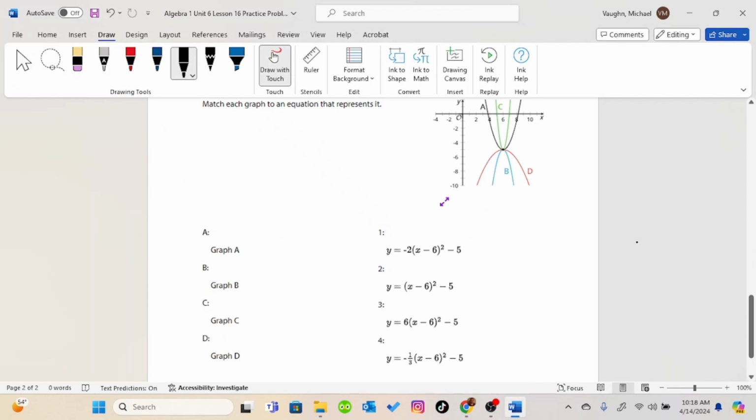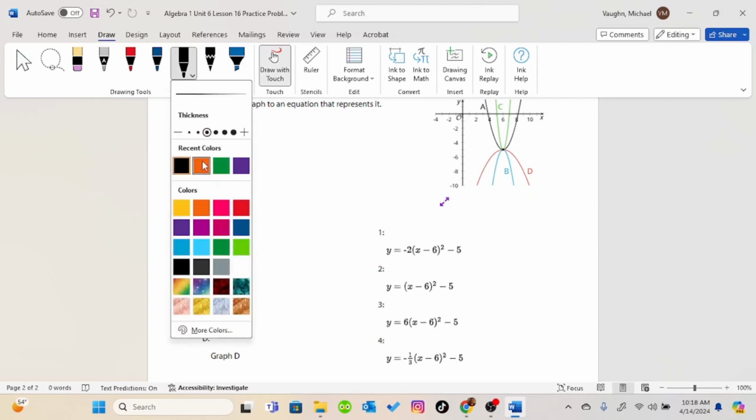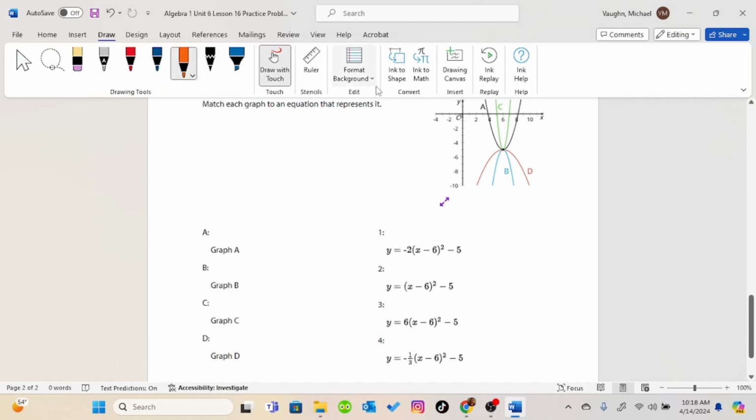Match each graph to an equation that represents it. They are giving us each equation in vertex form.